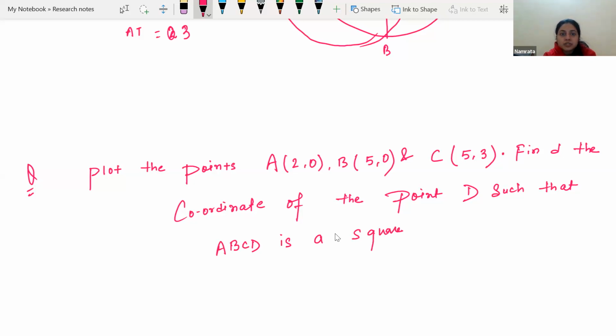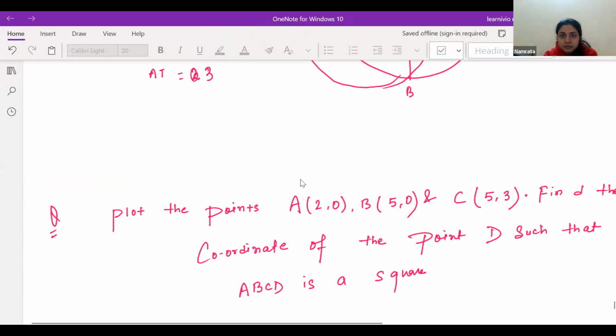I am giving 2 minutes to you. First try it and then we will be discussing this question. Take 2 minutes only. I am keeping my eye on the watch, so first try it. Then we will be taking it together. You can see the question over here.